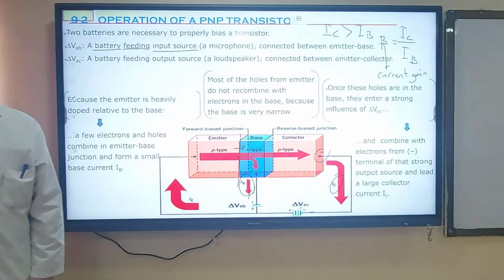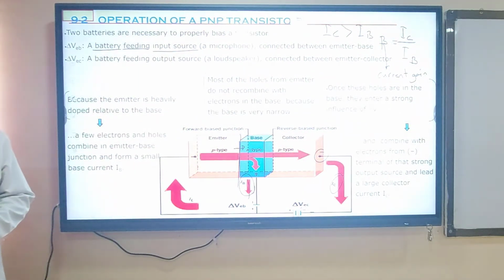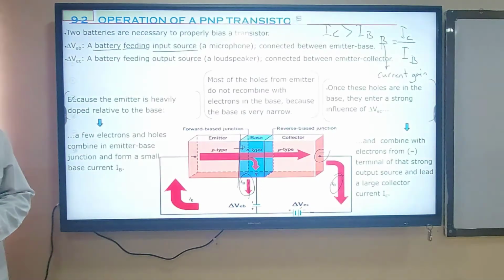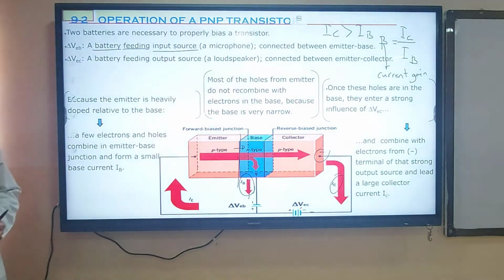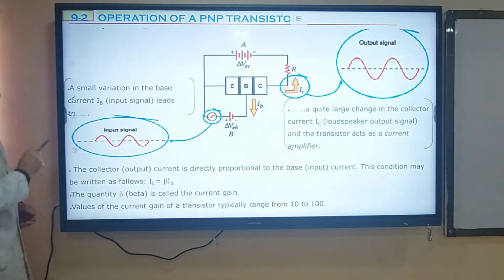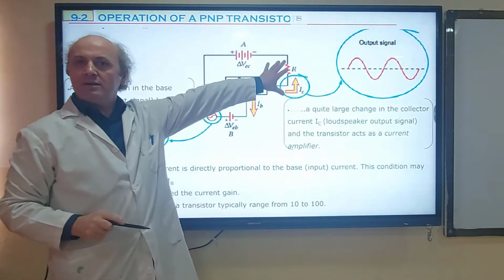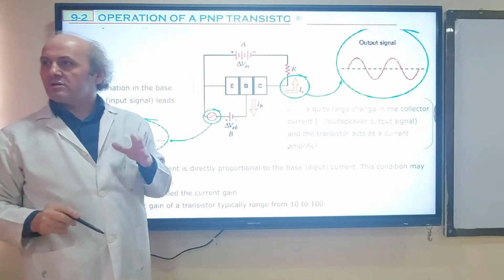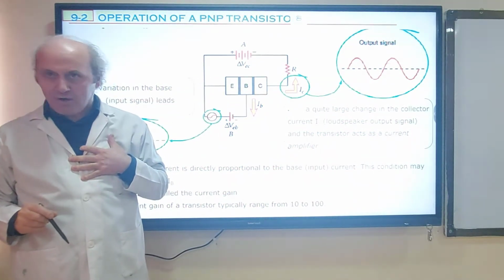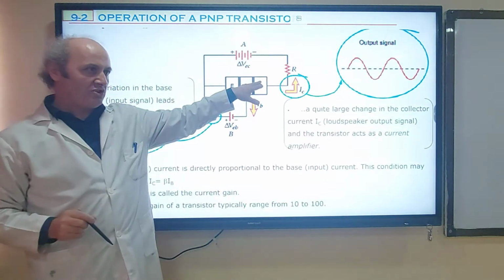Okay, so now let's continue and see how we are going to convert a weak signal from a microphone to a very powerful signal in a loudspeaker. This is the diagram of how we are going to connect a loudspeaker and a microphone to a transistor.